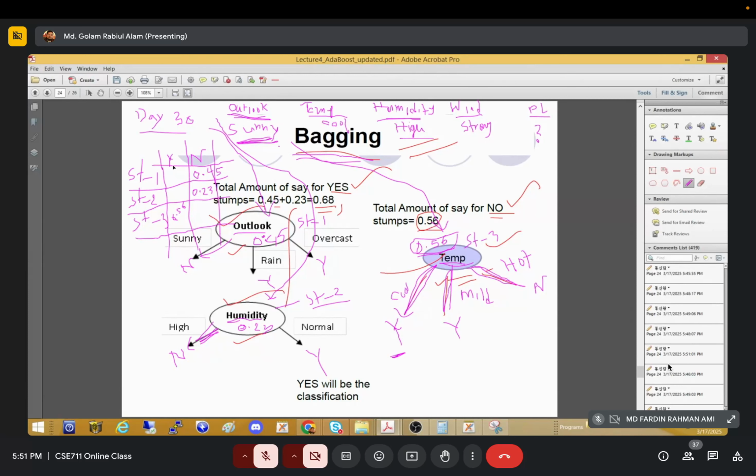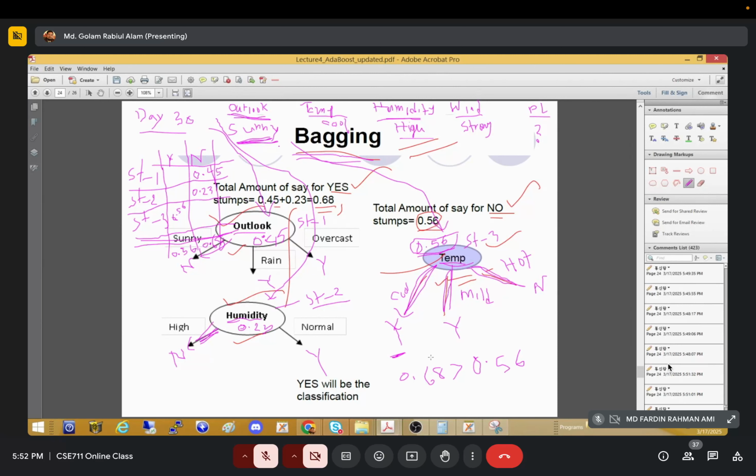Now we have to count the vote for yes and vote for no. The total vote for yes is 0.56, and the total vote for no is 0.45 and 0.23, that is 0.68. If we compare the vote for yes and vote for no, 0.68 is greater than 0.56.